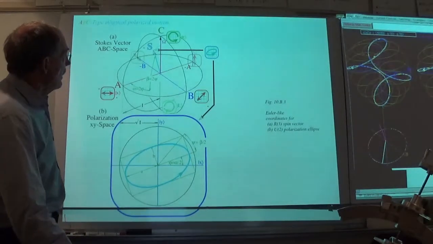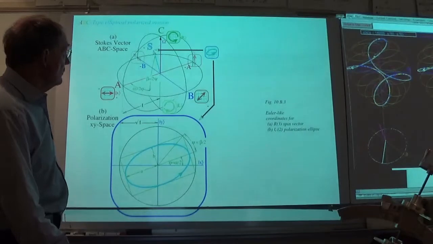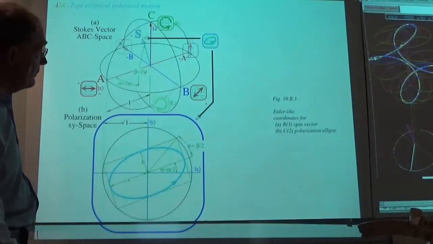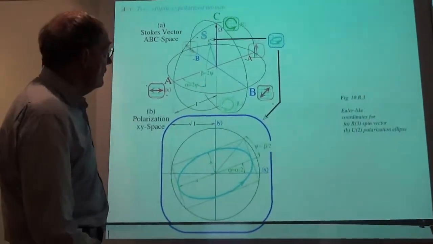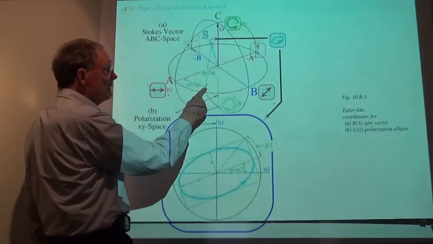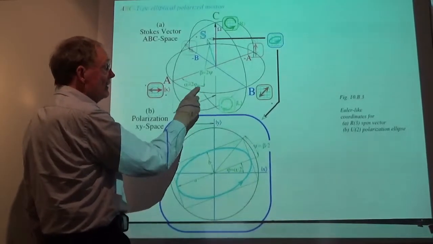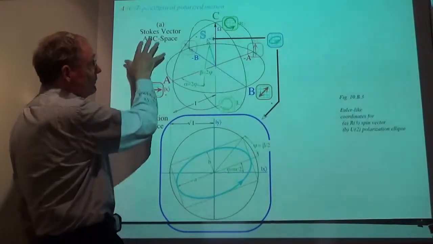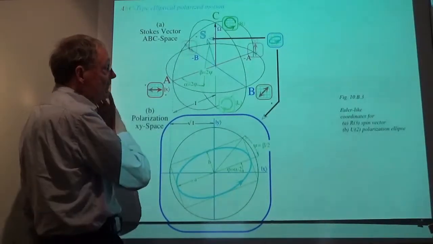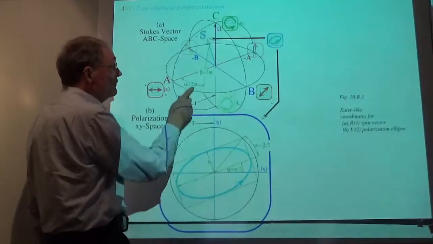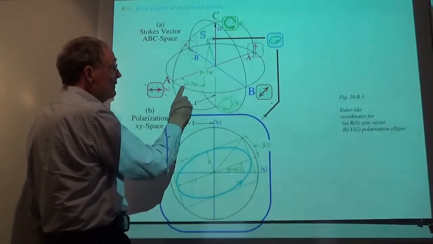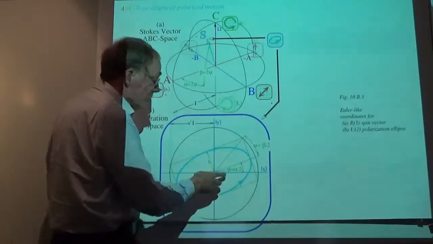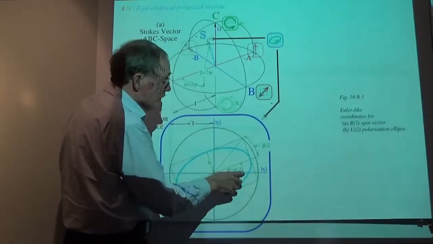I would say that at this point, I'm going to let you go ahead and read, if you're interested in the optical polarization business, because you see the Euler angle alpha here is equal to, and here's the factor of 2 coming out, because this is Stokes vector space, so everything down here gets doubled up here. But this phi here is now, I'm using it as an alpha over 2.